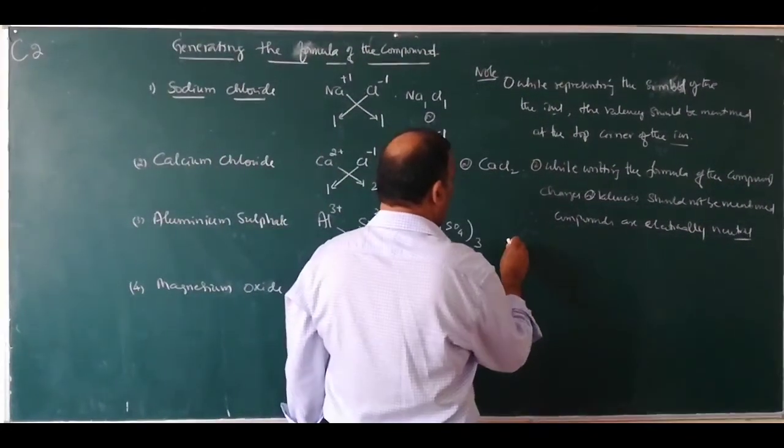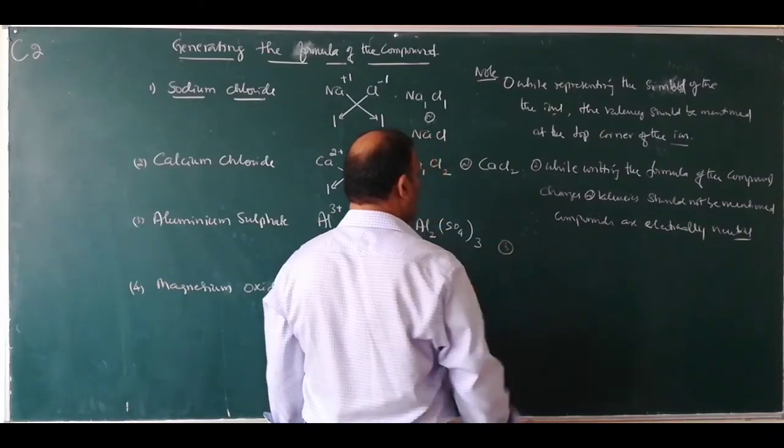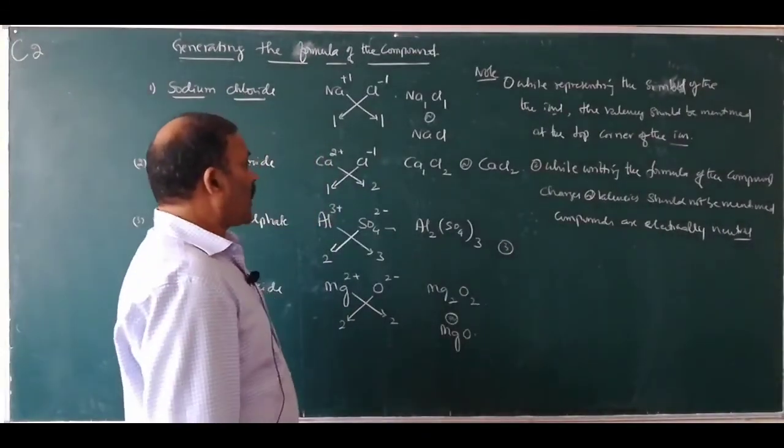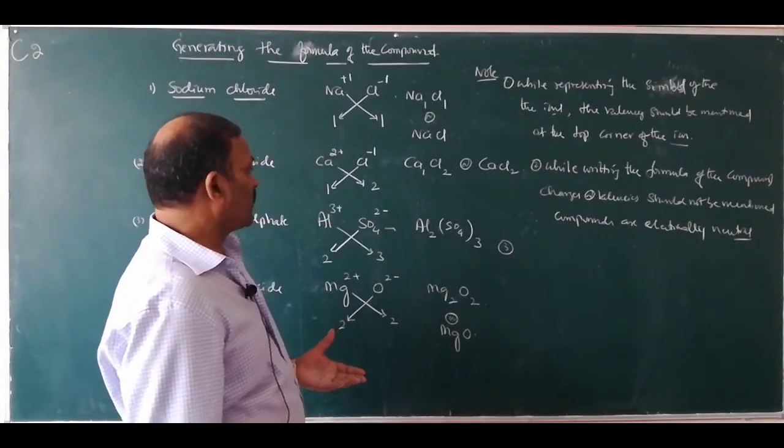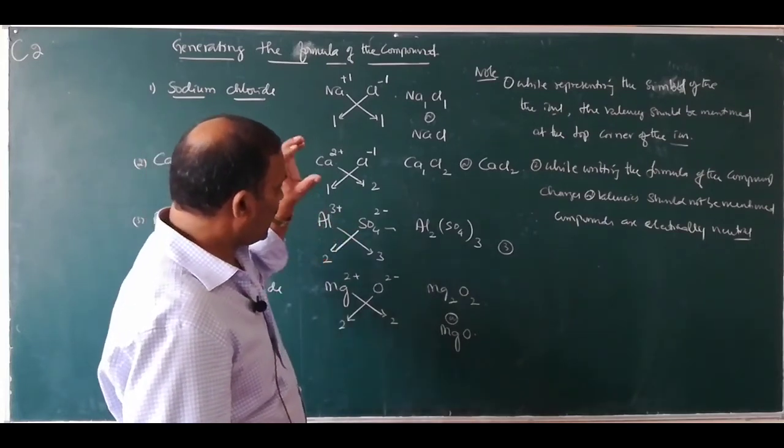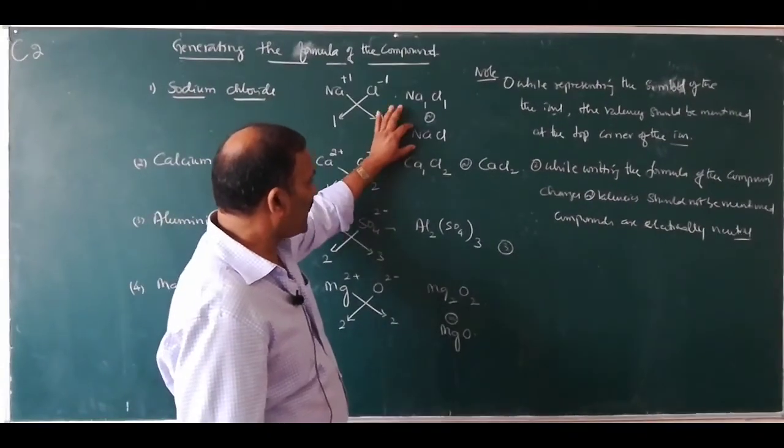And the third one: according to the IUPAC system, you have to write the cations first and then you have to write the anions.